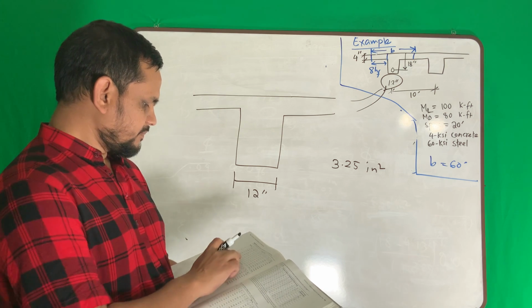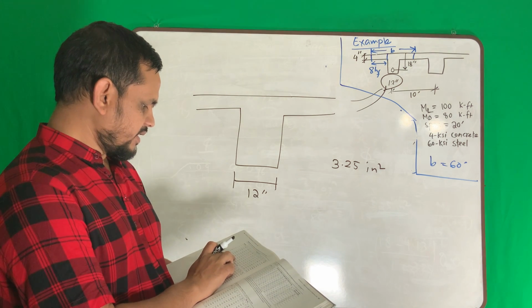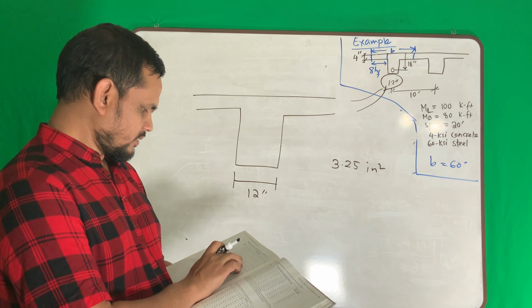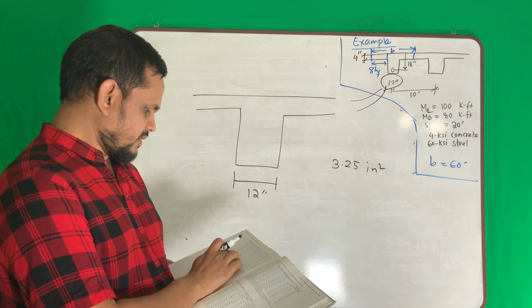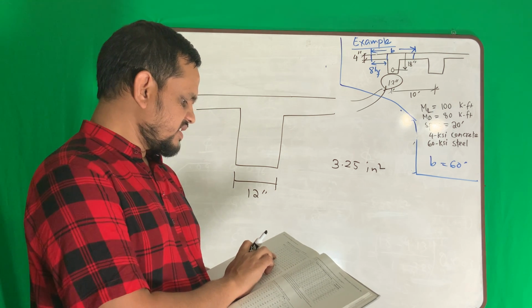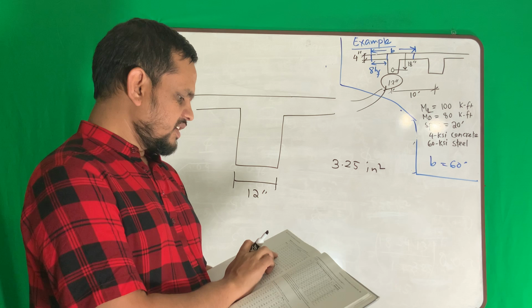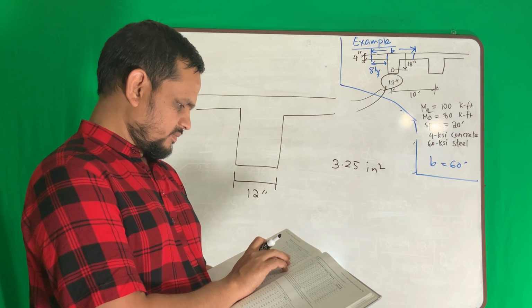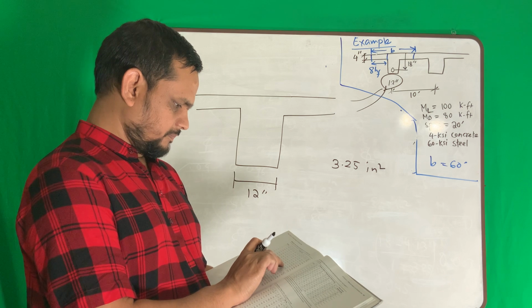If I take 3.25, if I take 3 number 10, 3.79. 3.79 is way over design.